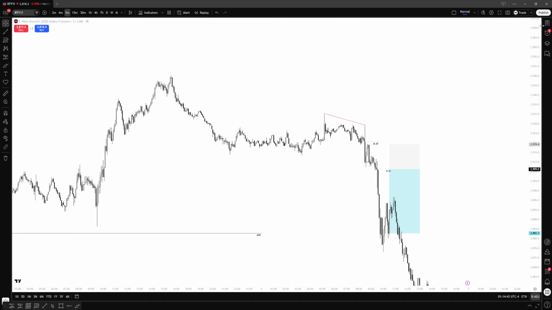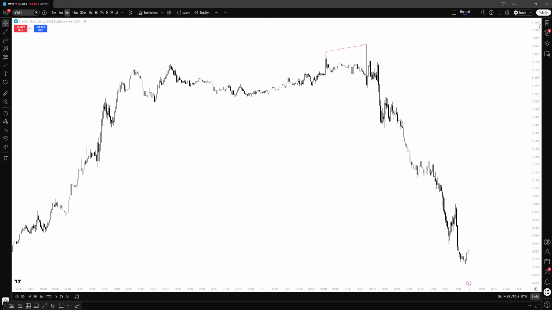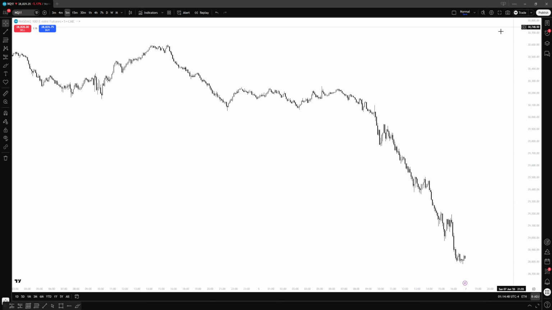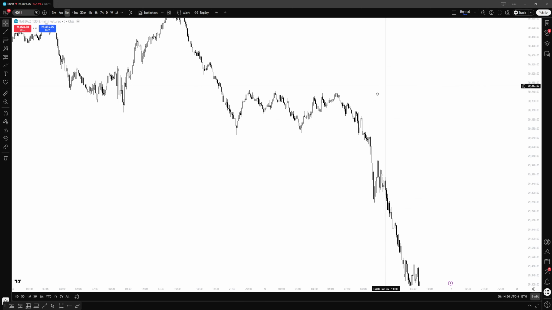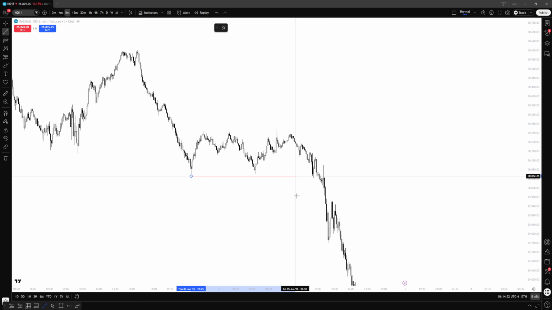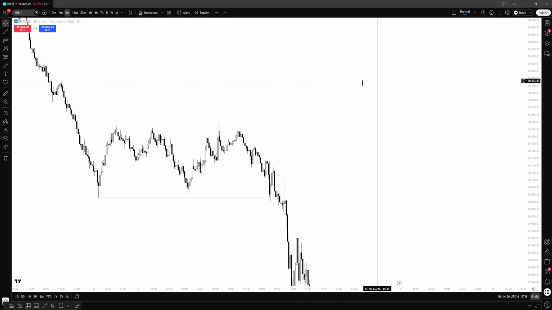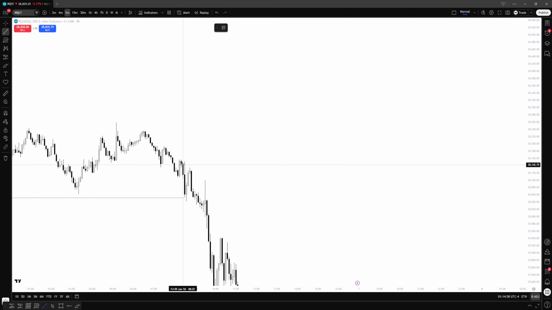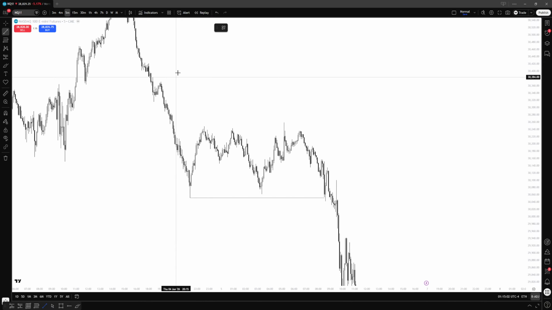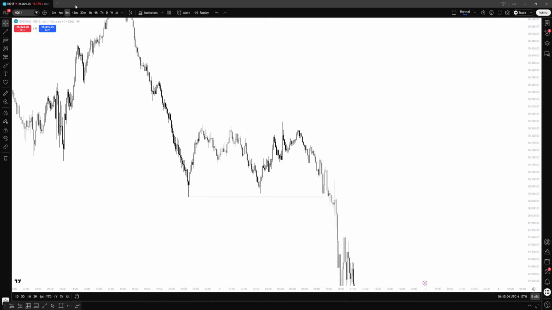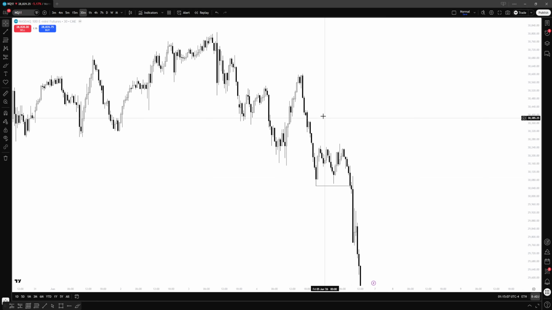So this is what AM took. AM took NQ, and how he framed it, he saw this failure to manipulate. He doesn't use the SMT here with YM, but you see how we're just in this bearish market, right?